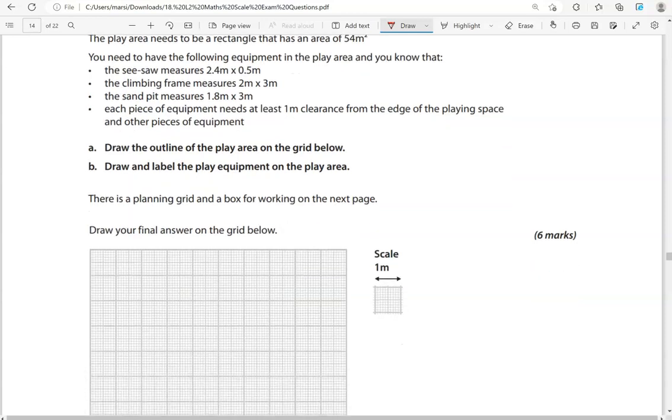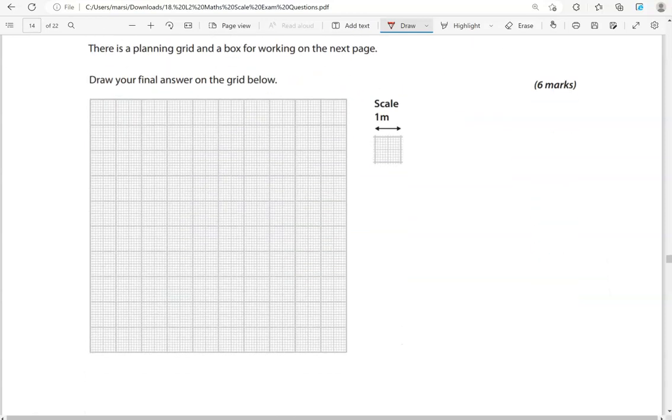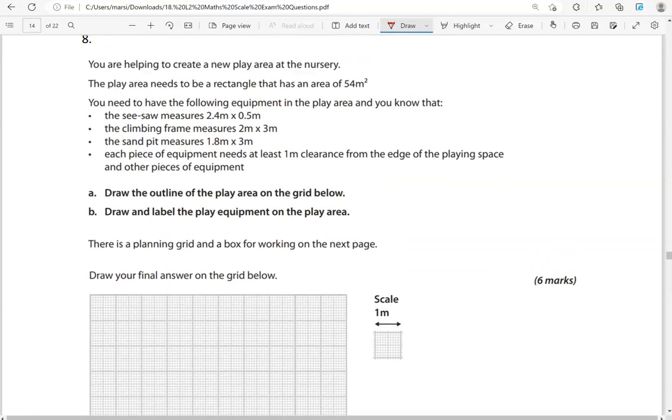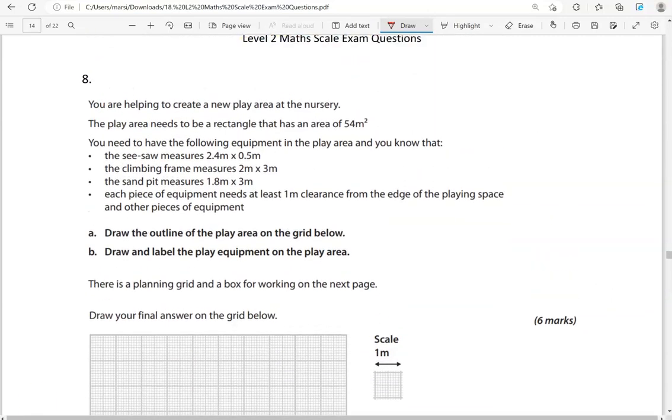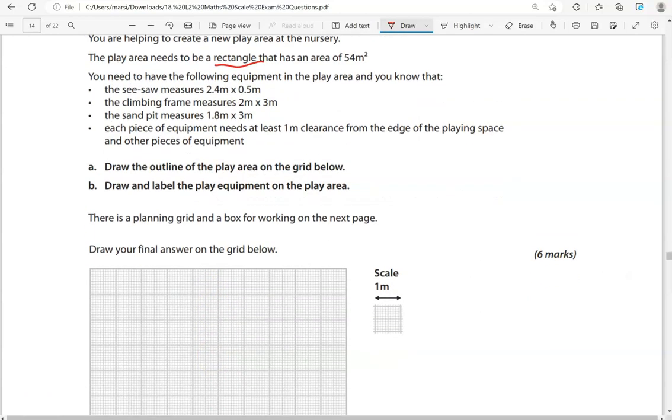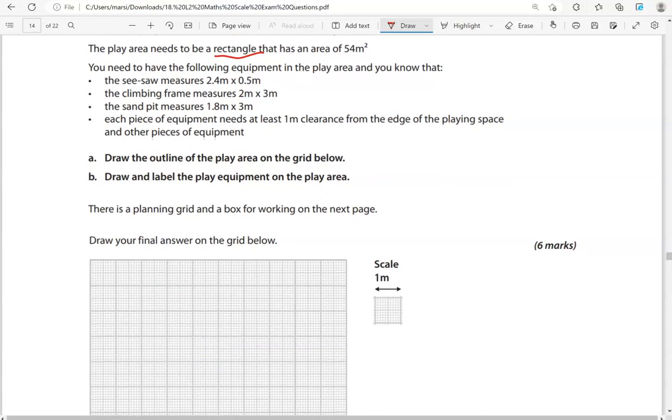So we've got the grid, and 1 square is equal to 1 meter. The play area needs to be a rectangle that has an area of 54 square meters. So what could be the length and the width? If you think of the times tables, where do you come across 54? That is equal to 9 times 6.